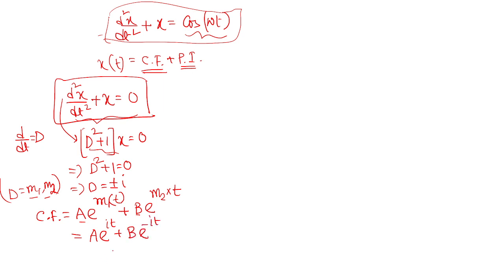In one of our previous tutorial videos, we have shown that this a e to the power it plus b e to the power minus it we can write as a prime cosine of t plus b prime sine of t. How do we get that? That can be easily solved.